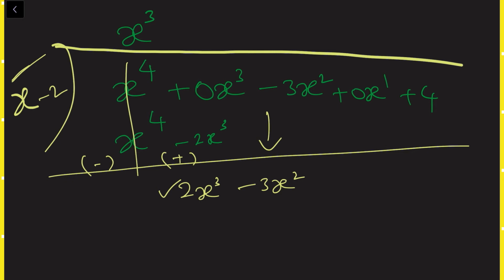That is nothing but plus 2x square. X into 2x square is nothing but 2x cube. Then second term, minus 2 into 2x square, minus 4x square. Again doing subtraction as usual.